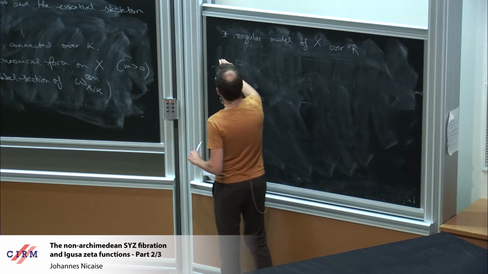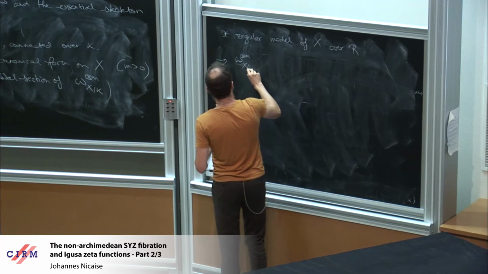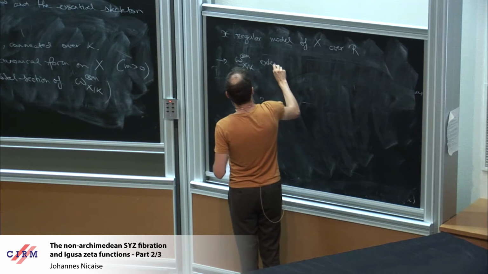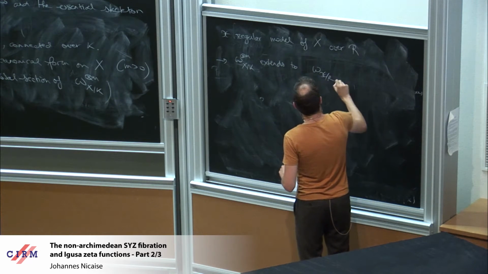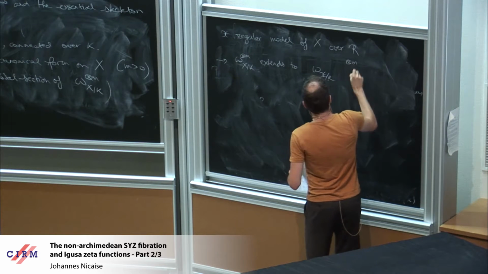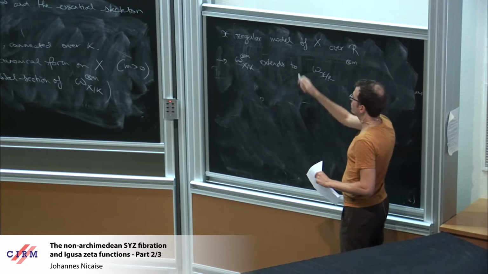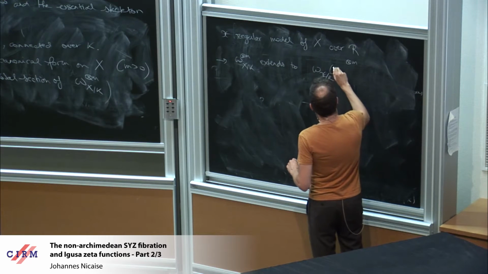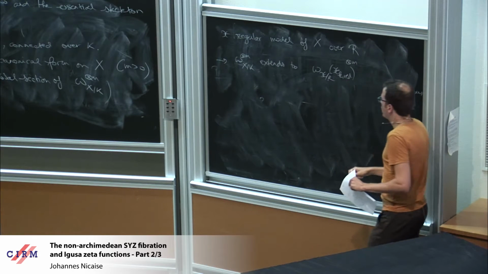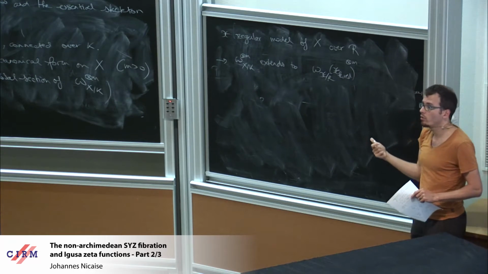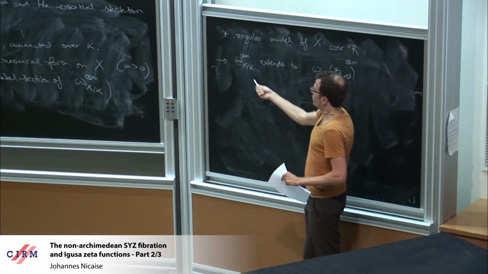So the extension I'm going to pick is the M-fold tensor product of the relative canonical line bundle of my model, which exists because of the regularity assumption. But for technical reasons, we will consider its logarithmic version, which means that we twist by the reduced special fiber. And so omega is a global section of this guy.